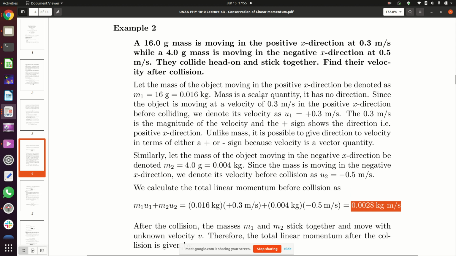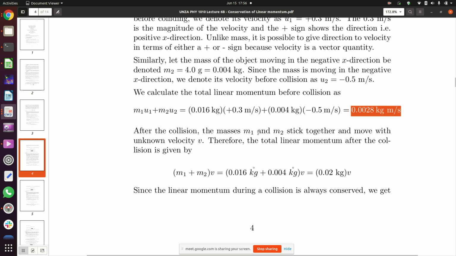Then we are told that the first mass, which is a 16-gram mass, and the 4-gram mass, stick together and move. So if they stick and move together, again, this is similar to what happened before. It means that we have a combined mass of M1 and M2, which is M1 plus M2. They move together, so they have some velocity after the collision. That's going to be V, and this is the velocity you're looking for.